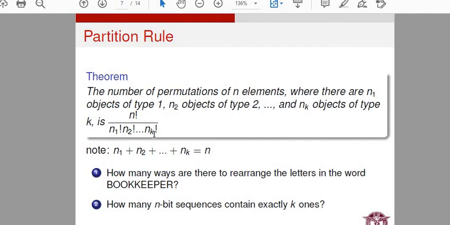So how many ways are there to rearrange the letters in the word? Yeah, so what is the question for this? So what is the answer? And second, we have: how many n-bit sequences contain exactly k ones?